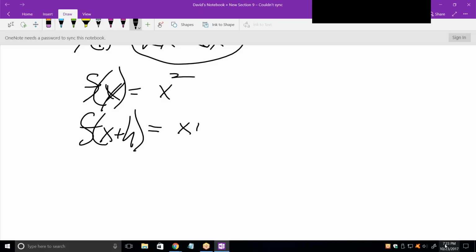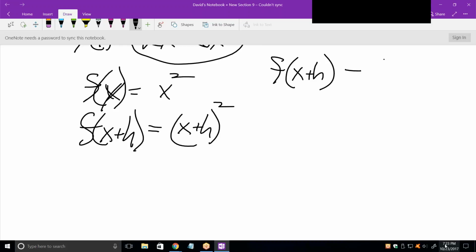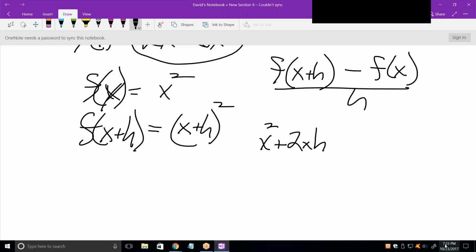Well, what would x plus h be? That: x plus h squared. So our formula is f of x plus h minus f of x, all over h. So f of x plus h is x squared plus 2xh plus h squared, minus f of x, which is just x squared.